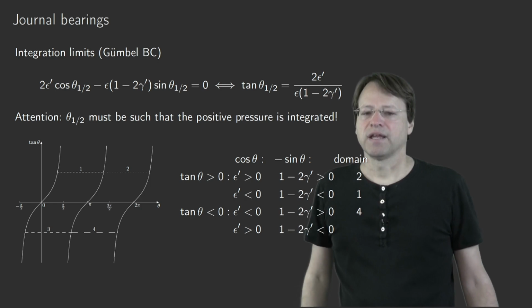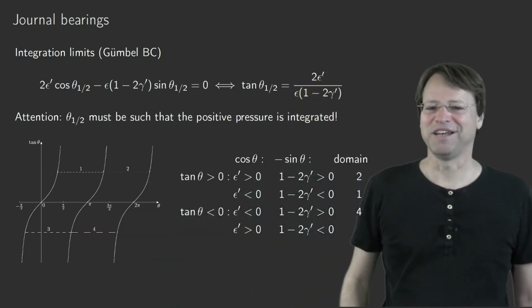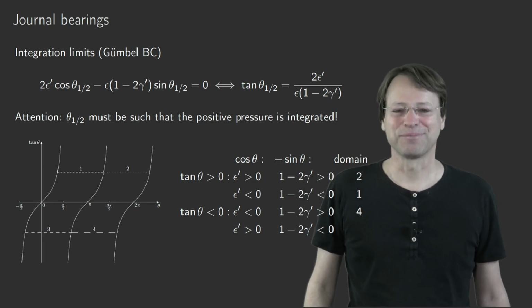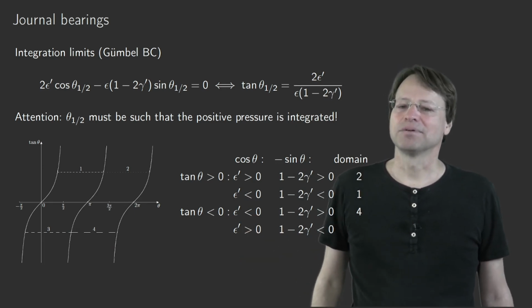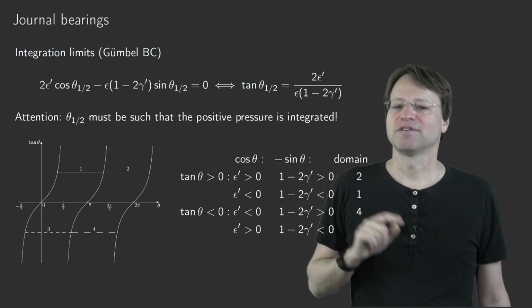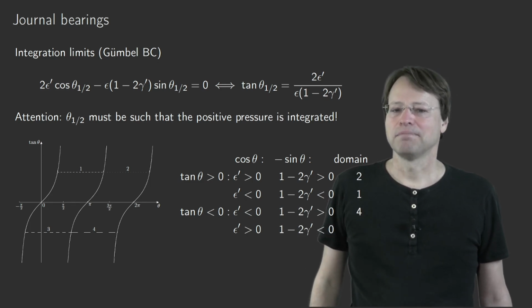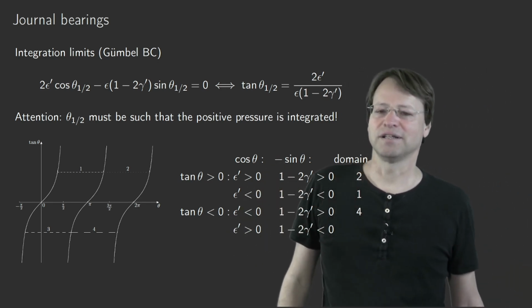Last case, epsilon prime is, just to check, this must be domain number 3. To make sure that we are in domain number 3, epsilon prime must be positive and 1 minus 2 gamma prime must be negative. So the cosine function must be positive, and the sine function must also be positive, because 1 minus 2 gamma prime is negative, minus sine is therefore also negative, and sine is then positive.